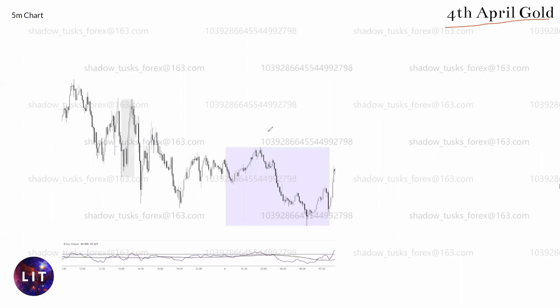If we start off the day, let me change my pen color first to black. Maybe that's a little better. So let's first see what our intraday target is based on the price action we currently have. What we can see is we have Asia, as you can see in the purple box in front of us, and we have the previous day New York over here, as well as all these price action bits of lows and highs, creating these structure points.